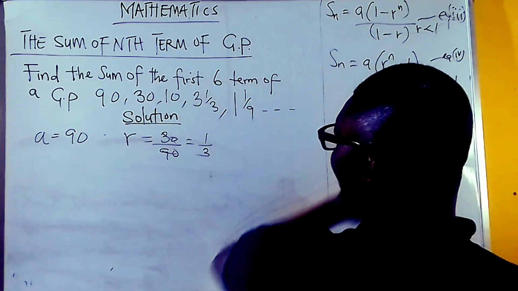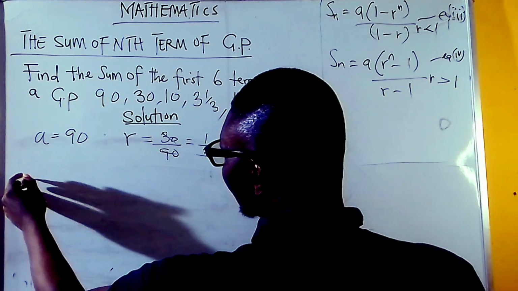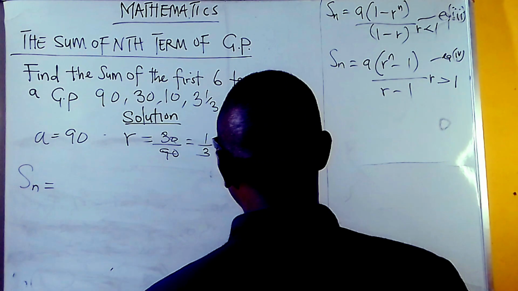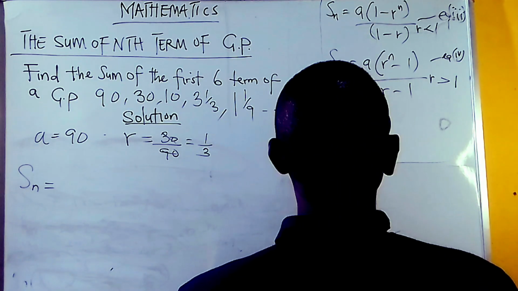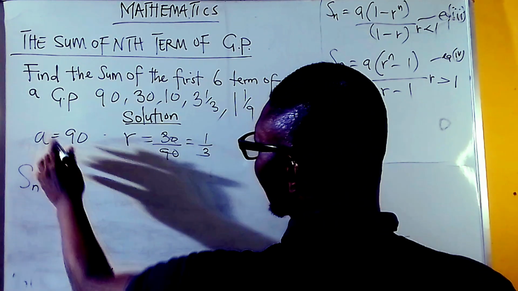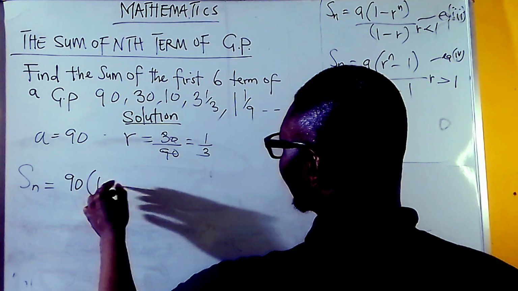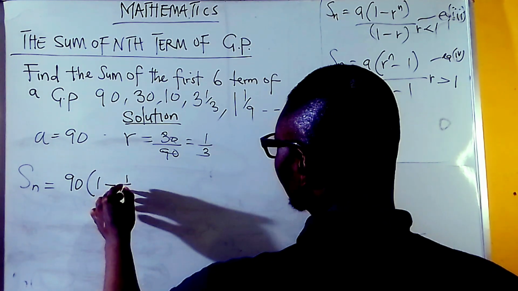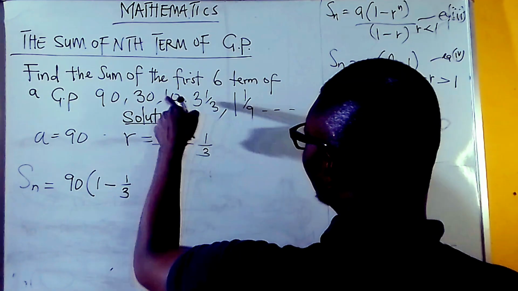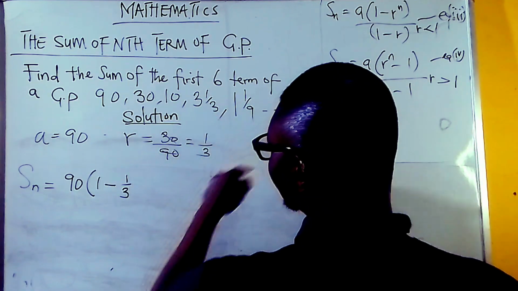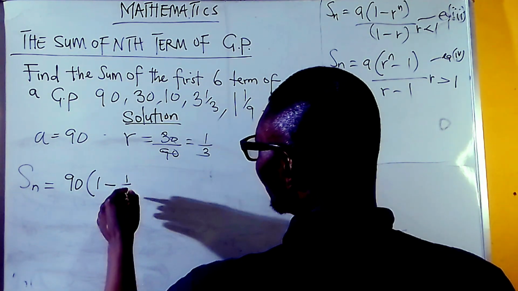So since we are using this formula, the sum of the GP will be our a, which is 90, into 1 minus our r, which is 1 over 3. Now, the number of terms, the first six terms, that is our n, will be 6.